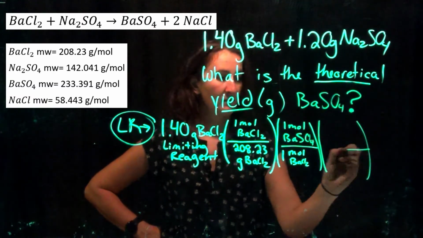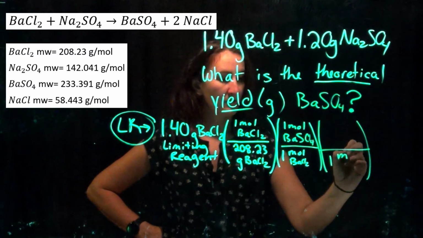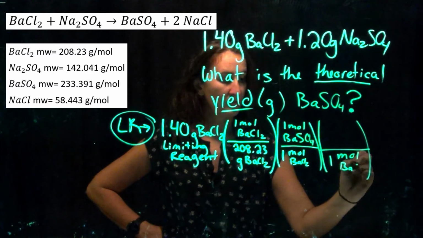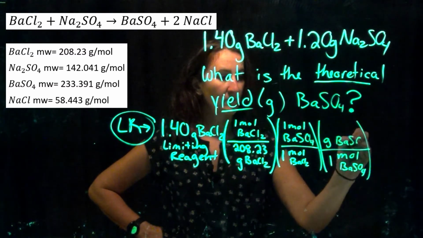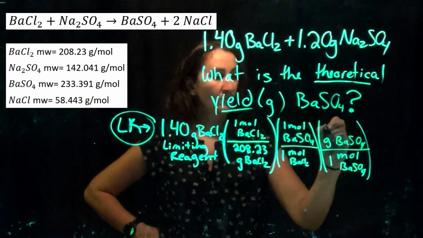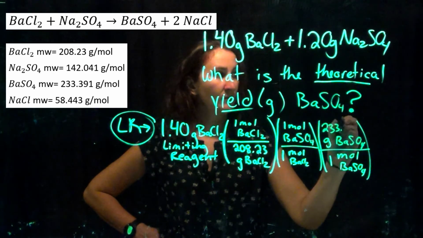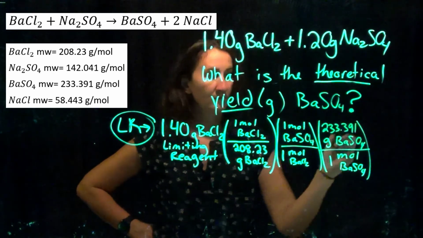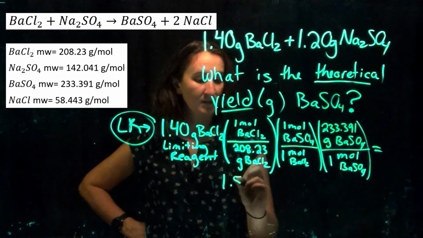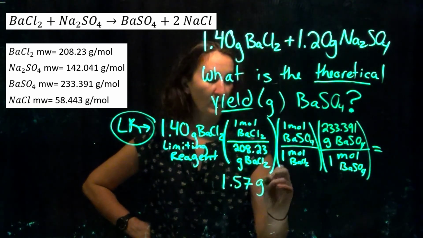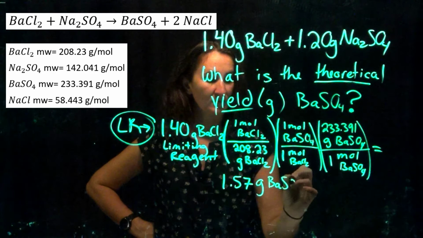And then convert moles of barium sulfate into grams of barium sulfate using our molecular weight of barium sulfate. Okay? And so we end up at the end with 1.57 grams of barium sulfate.